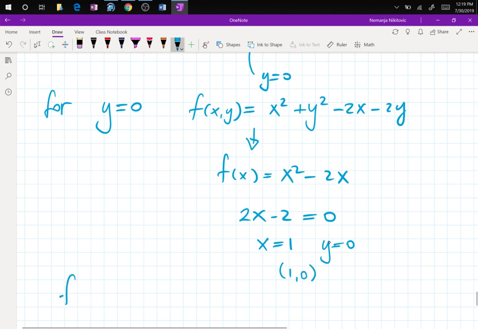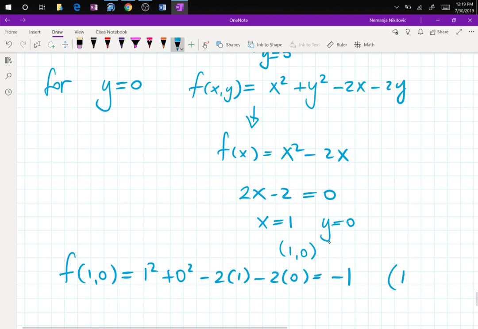Now I find f(1, 0), and that will give me 1 squared plus 0 squared minus 2 times 1 minus 2 times 0, which is negative 1. I have a point (1, 0, -1).